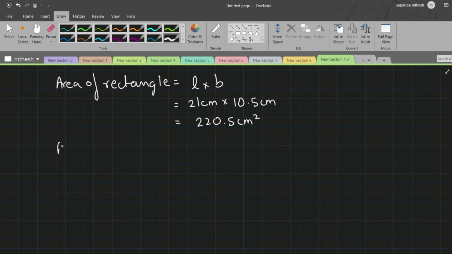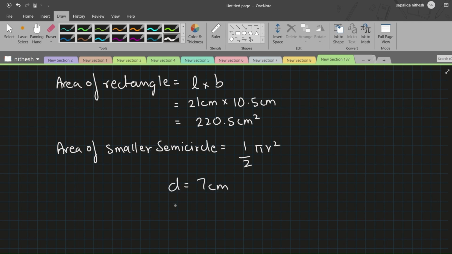Now we find the area of the smaller semicircle. We can write area of smaller semicircle, which is equal to half pi r square. We know the diameter of the smaller semicircle, that is D is equal to 7 centimeter. Therefore, the radius will be half of the diameter, that is 7 upon 2, which is 3.5 centimeter.